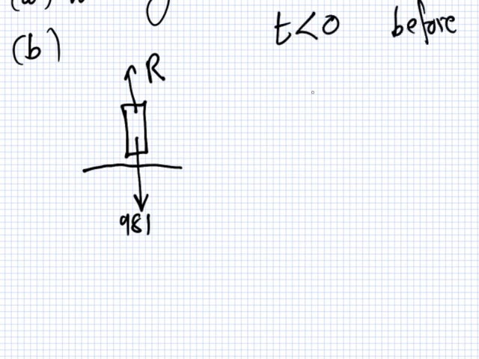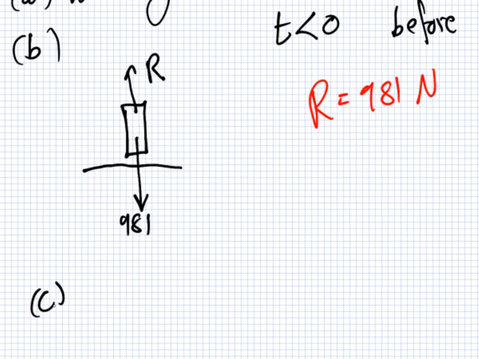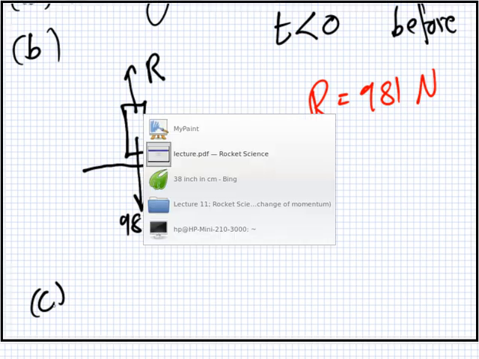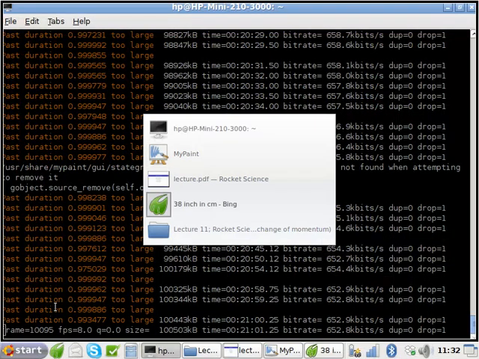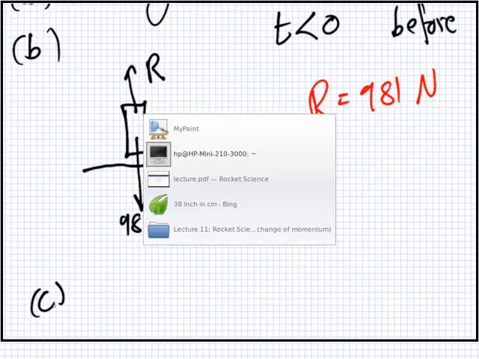So what does the reaction force equal here? 0? No? Because it hasn't taken off. 981. I mean 981. Yes. Okay, you got that? Why does it say T is smaller than 0? I'm just trying to make it clear that it's before it takes off, before the engine is on.